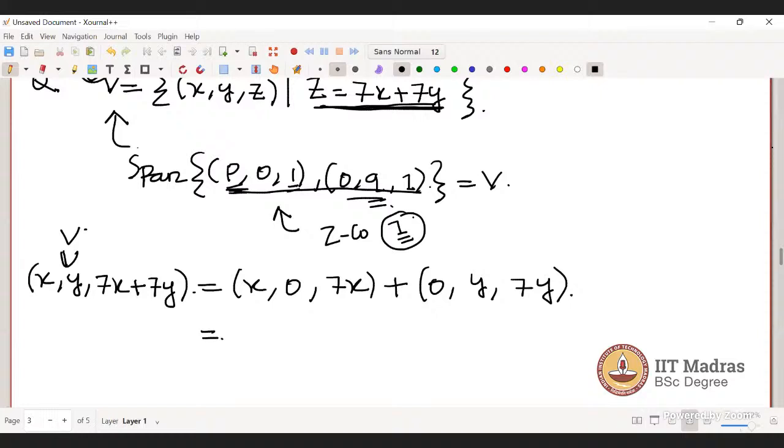So how can I convert this? If I take 7x out of this expression, then the Z coordinate will be 1, and I can take x common.